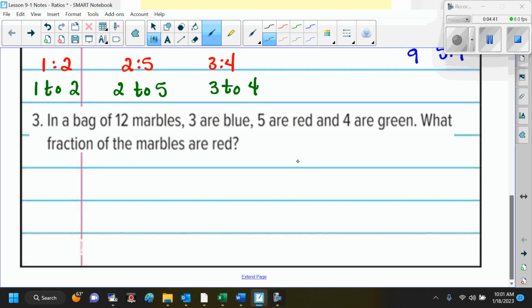So this one we're comparing the red marbles, and we should write that down, red marbles, to the whole bag. So I'm going to write total. Okay? So, how many are red? 5. And how many are there in total? 12. So the ratio is 5 to 12.